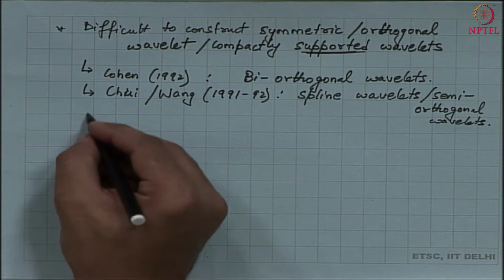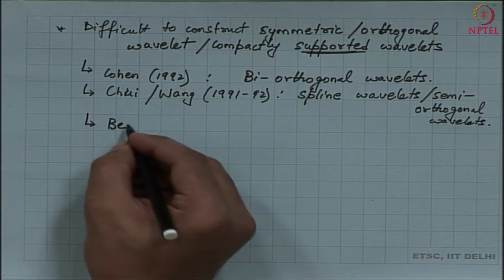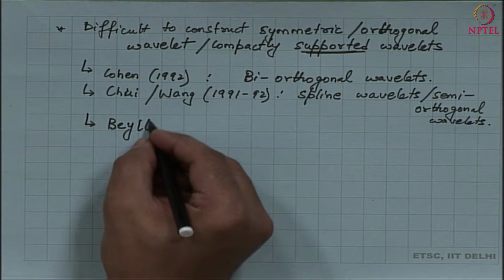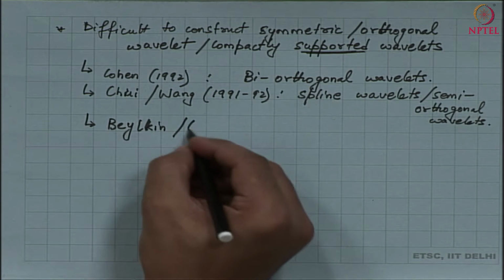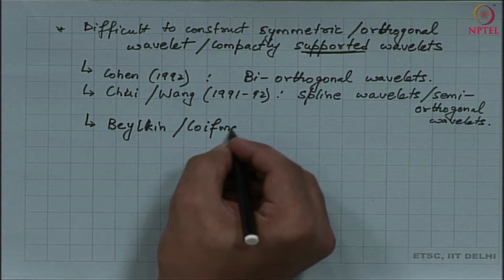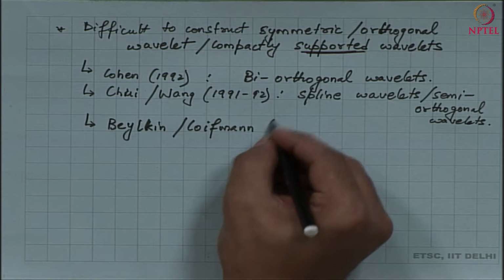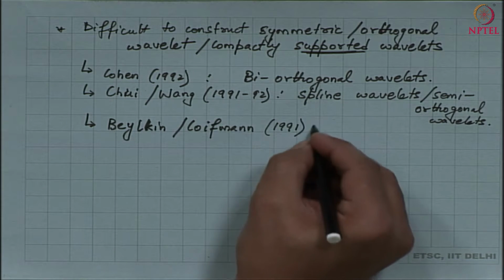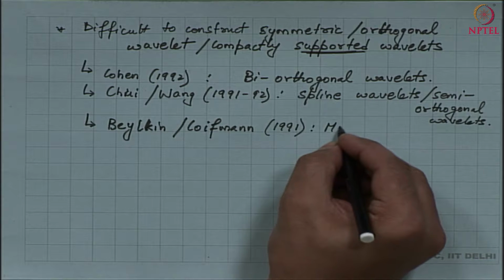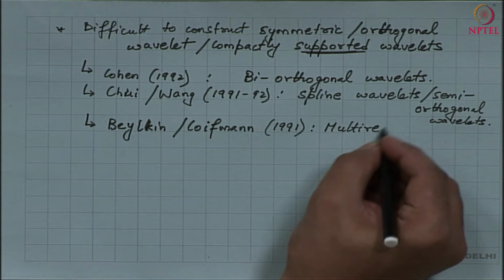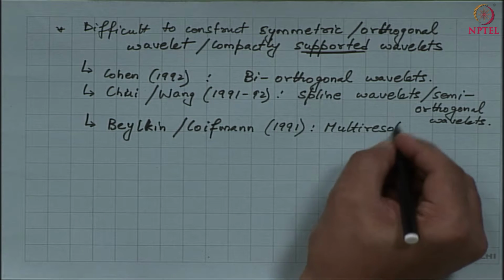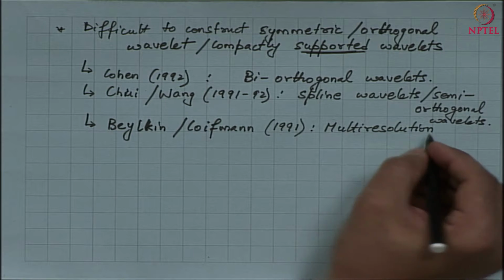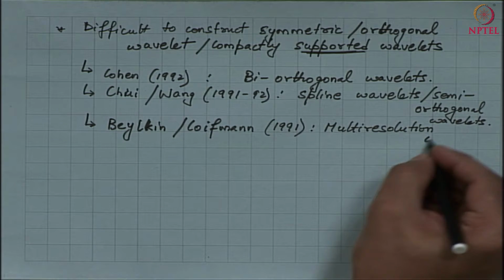And then another notable mention was by Belkin, a Russian scientist, and Kaufman. They introduced in 91 the multi-resolution wavelets. We are also going to study one particular case of multi-resolution wavelets, namely the Dobeci wavelets.